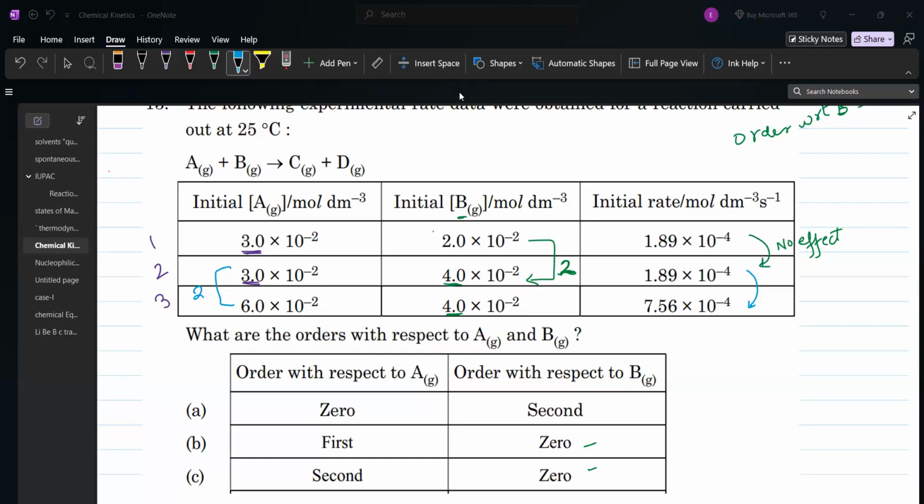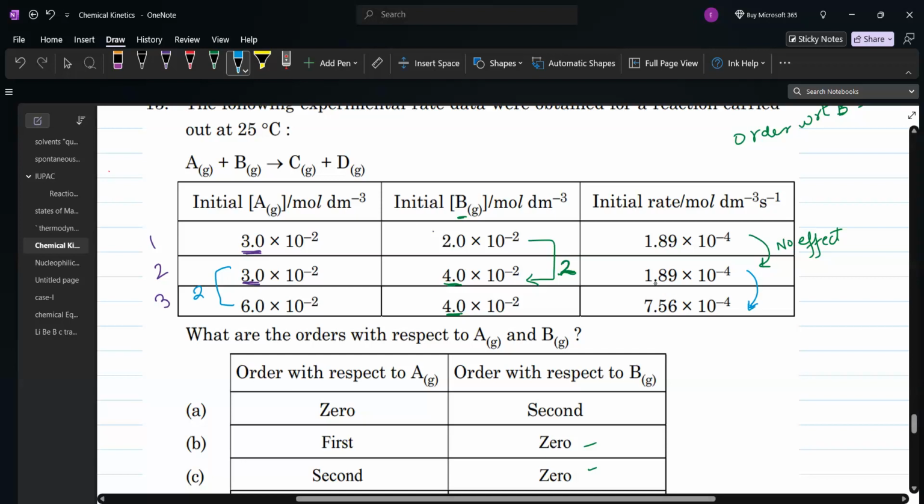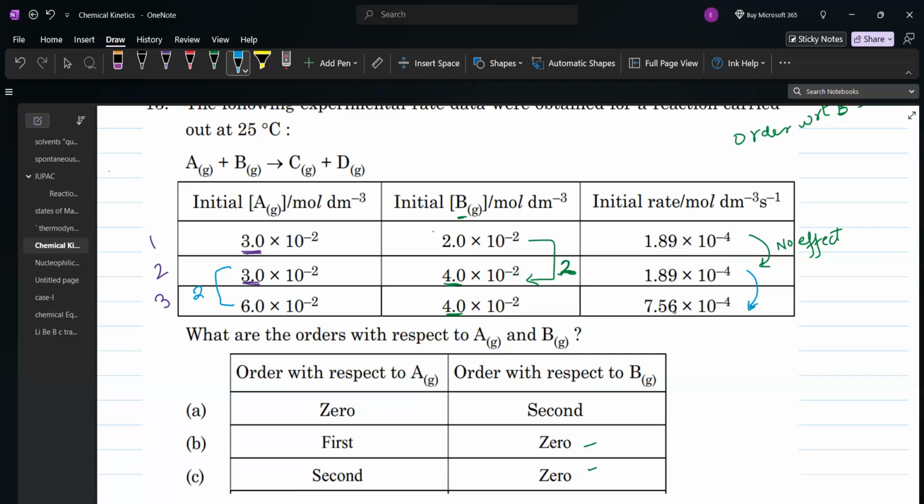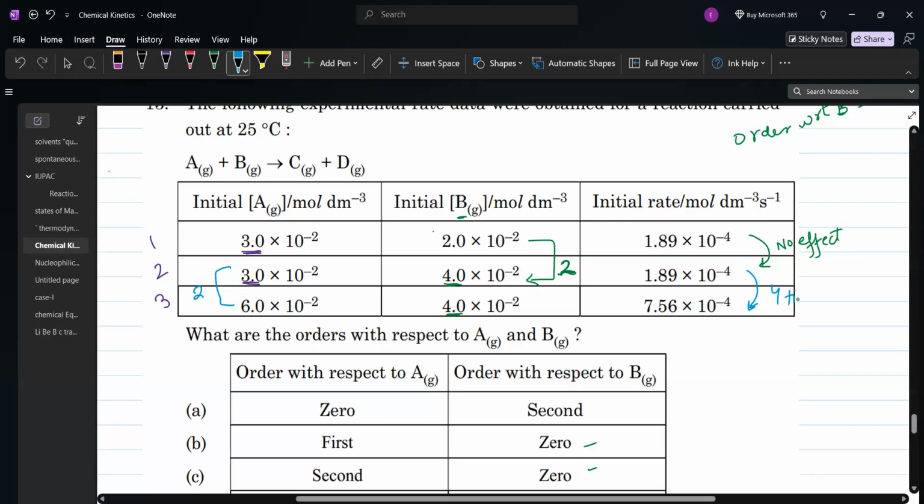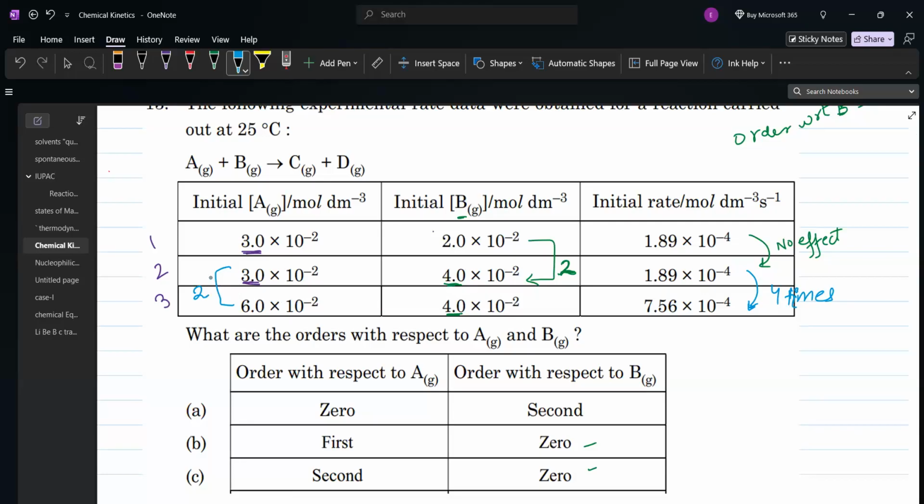Okay. So what I was saying, that concentration of A is being doubled. So the rate of reaction has been changed, right? Yes, sir. It has been changed to 4 times. If you divide this, it has been increased to 4 times, right? So what we can say is that it must be the power of 2, since we have doubled the concentration of A, and the rate is increasing by 4 times.